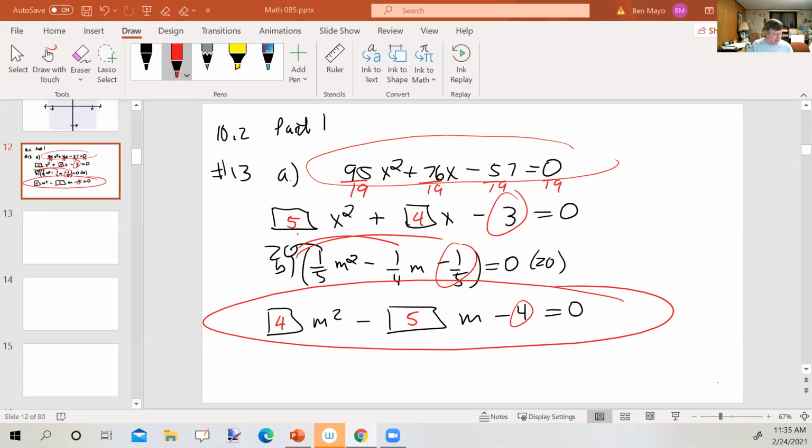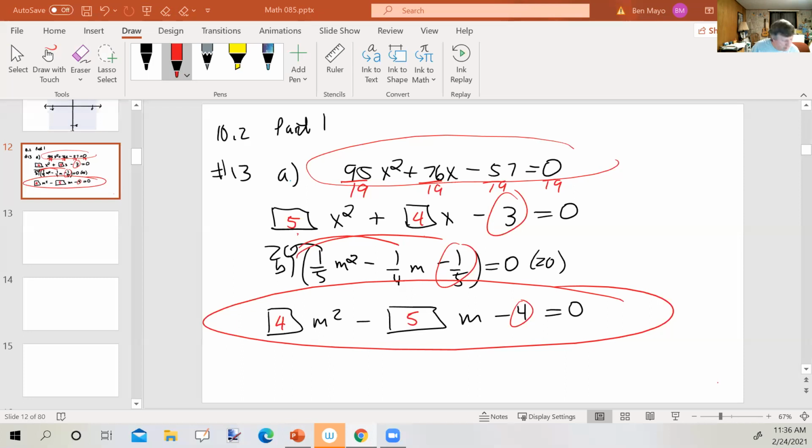And now I'm going to look at two other questions. Let's see. 10.1. Number 12. Let's see. Is that right? Number 12 and number 13.